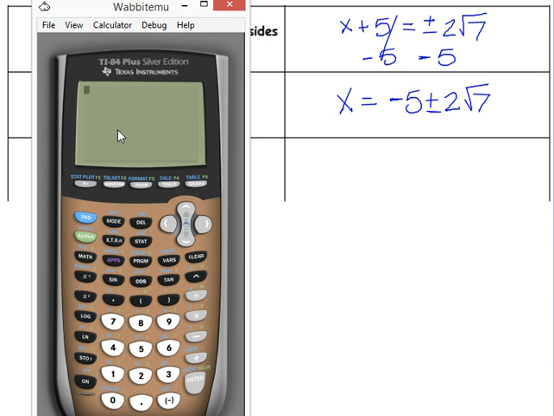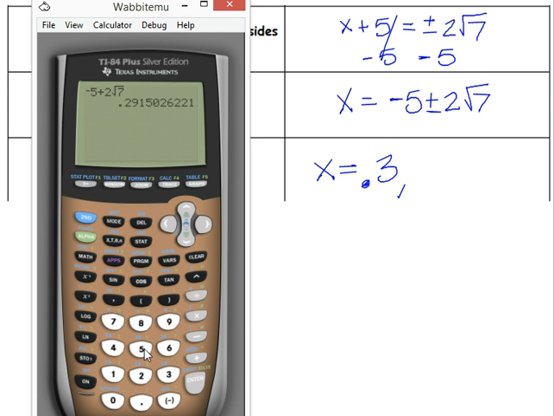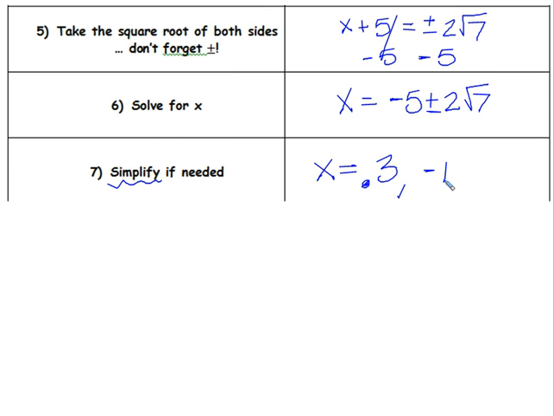Okay, so we have negative 5 plus 2 square roots of 7, and that gives us, maybe we'll say 0.3. And then if we try negative 5 minus 2 square roots of 7, we will get negative 10.3. All right, so just in case we were graphing, just in case we had to use the decimal answer, that's what you guys can write.